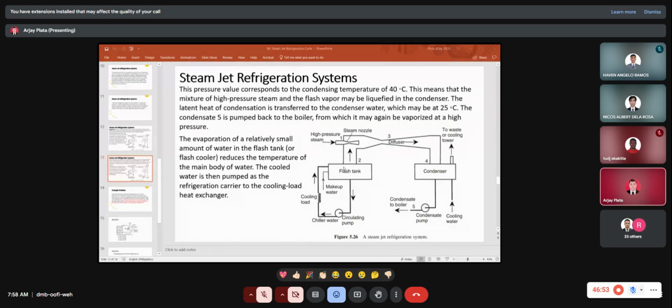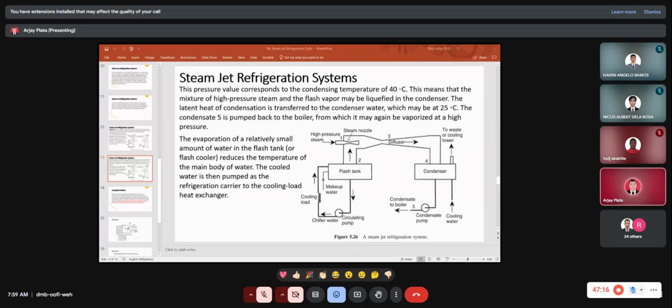By reducing the pressure of the high pressure condensate. And how do we reduce the pressure? So we will reduce the pressure through this steam jet ejector.